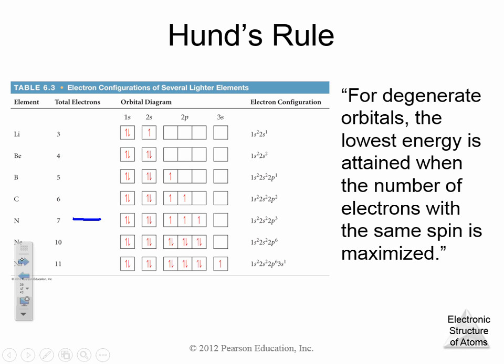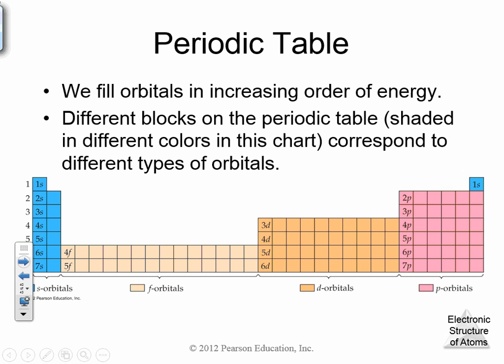So if we look at the example for nitrogen here, we went up, down, and then here for 2p, we go up, up, up. Right. That is Hund's rule. Hund's rule states again that you have to have at least one electron in each orbital before you put the second one in.